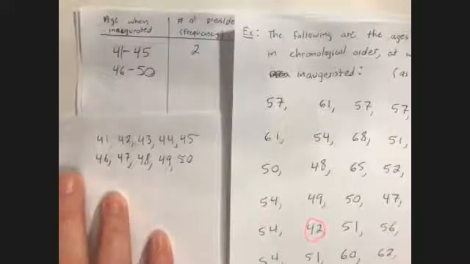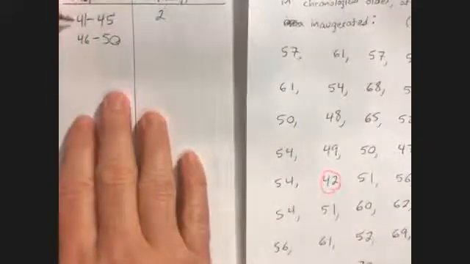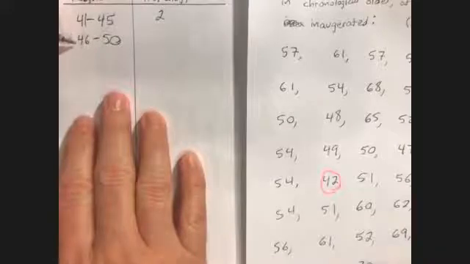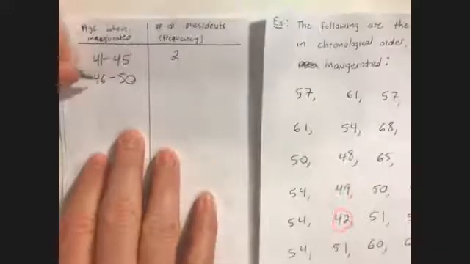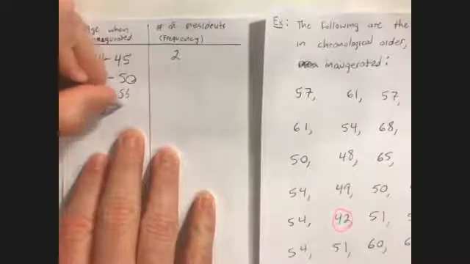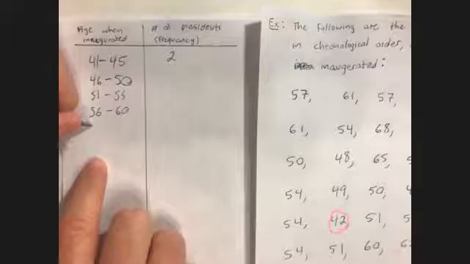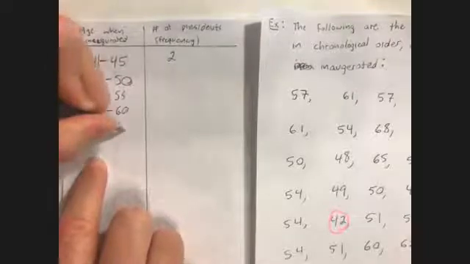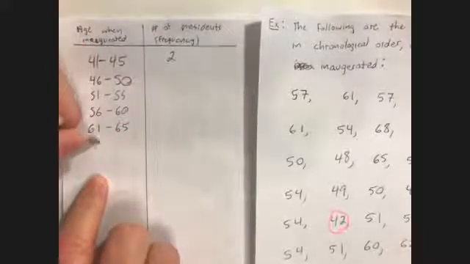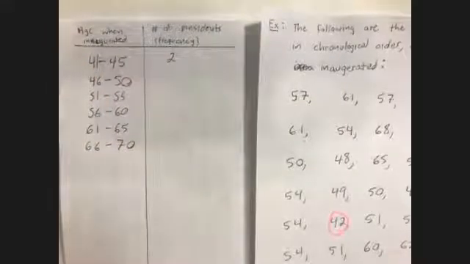So that would be maybe a little confusing. Okay, so I'll go ahead and finish this. I'll have 41 to 45, 46 to 50, 51 to 55. These are nice because they're all on the 5s with the zeros. 61 through 65, 66 through 70, and I think that's as high as we're going to go.